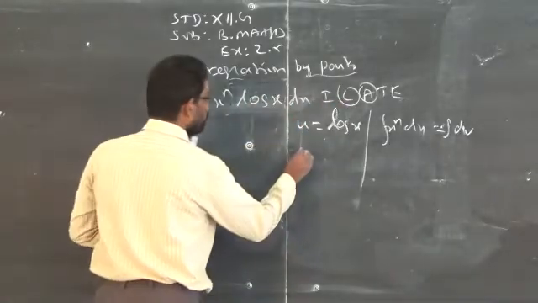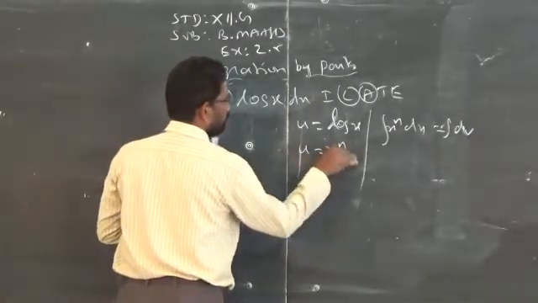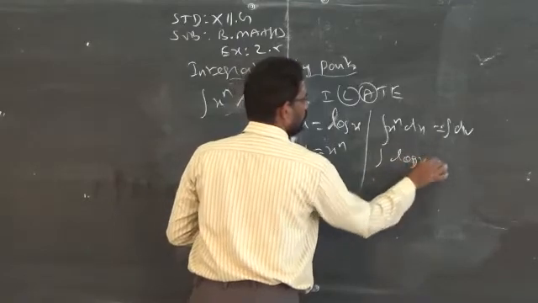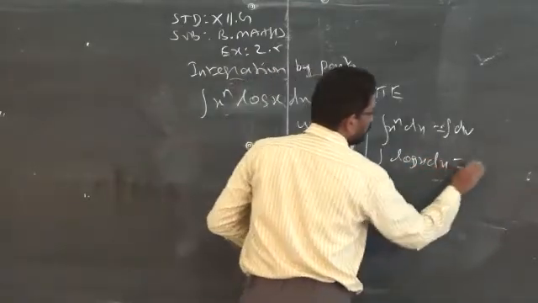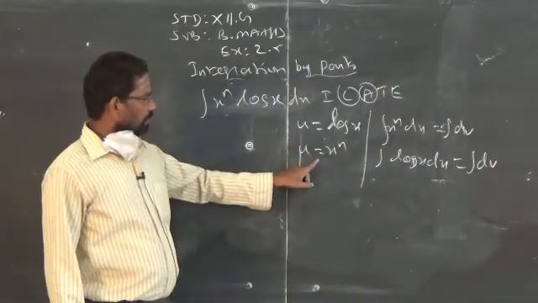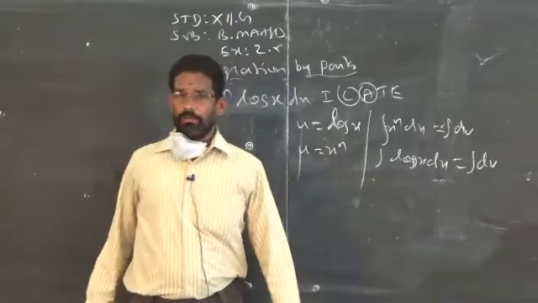If you consider u is equal to x power n instead of log x, the remaining thing, log x into dx, is equal to the integration of dv. See, you have a formula to differentiate x power n, but do you have any direct formula for log x?